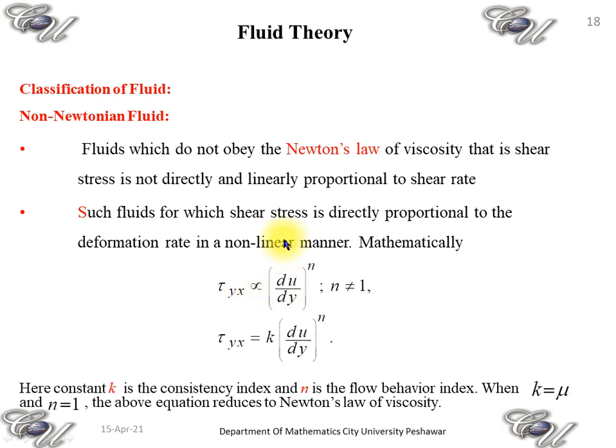Now look at this one. This is proportional to the deformation rate with power n, and this n will not be equal to 1, because if it is equal to 1, it becomes a Newtonian fluid. n may be less than 1 or greater than 1 but not equal to 1.